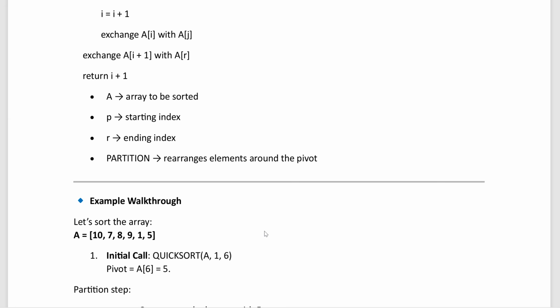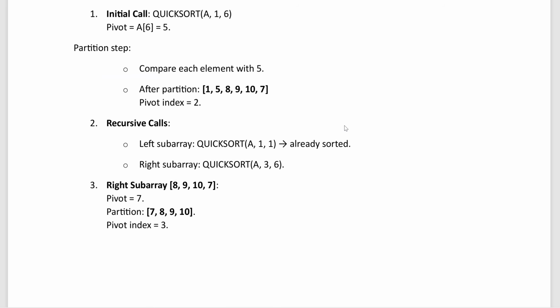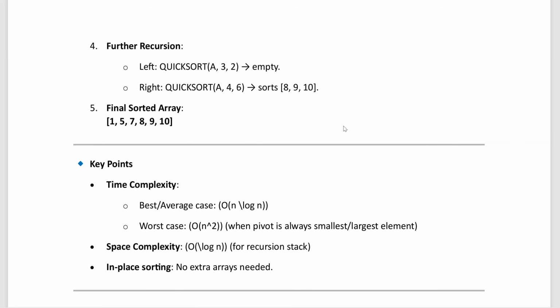Another example has been given here, right? And you can see the detailed explanation. These are the complexities given. Sorry, the time complexity of quicksort in best or average case is big O of n log n.